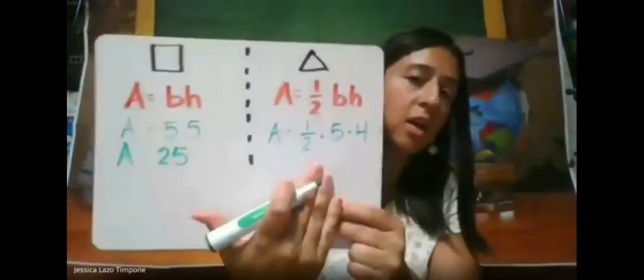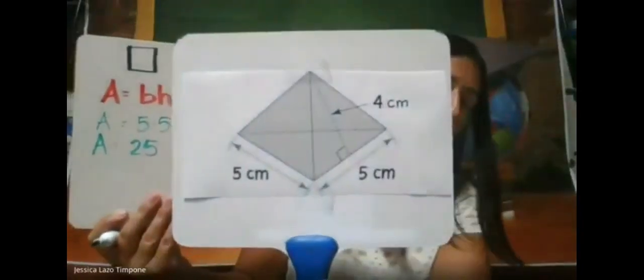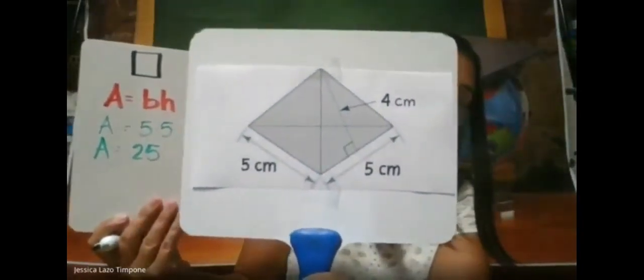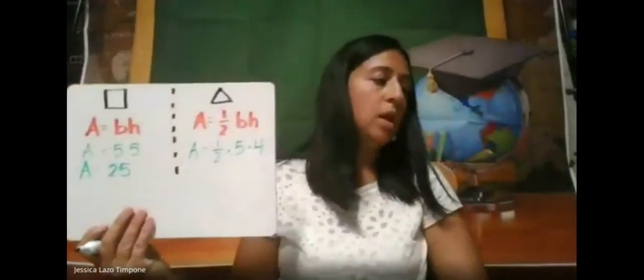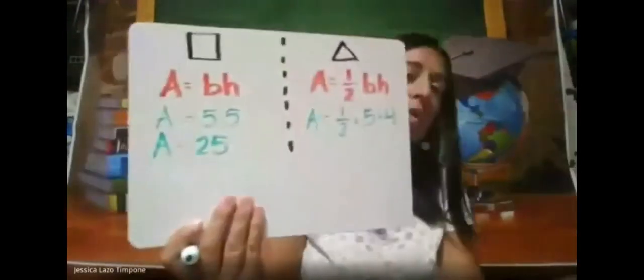Now let's do the area of one triangle, because as you can see, we do not only have one triangle, and we can see that more clearly when we open up our net that we do not have only one. But right now we are finding out the area of one triangle. So let's do our one triangle. So we're going to do the easiest math that we can.